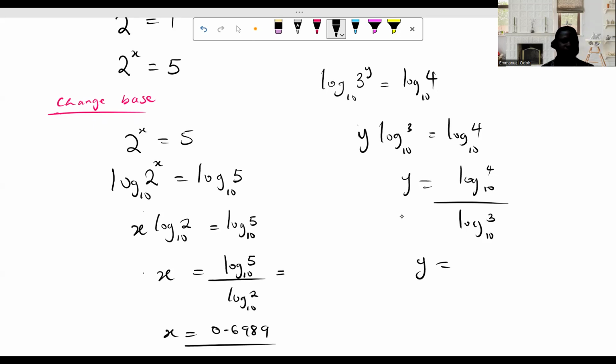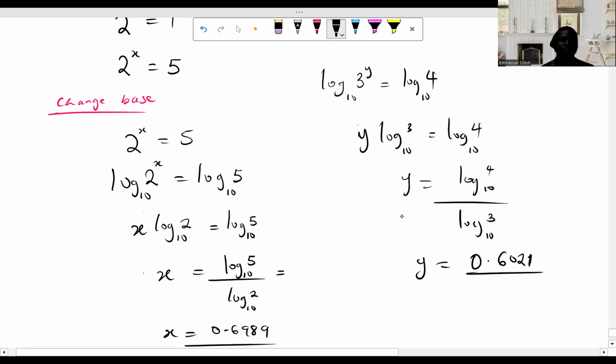Did you do log 10 to base 4, or log 4 to base 10? 0.6020. So here will be 1.